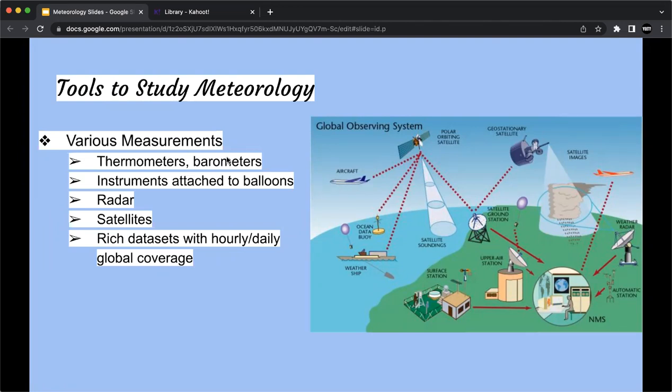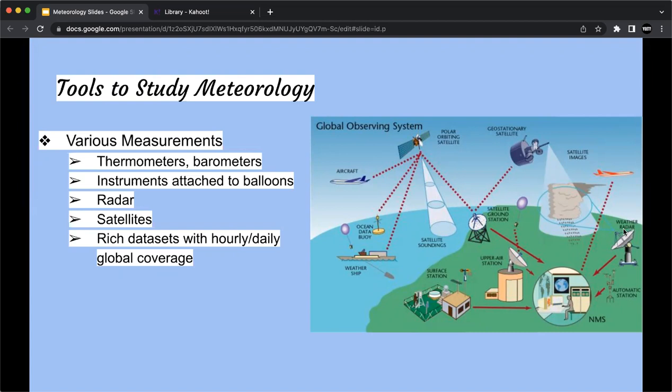And we also have radars, like this one over here. Radars send out pulses of high frequency electromagnetic waves, and then these waves are reflected off the object back to the radar so they can study it.